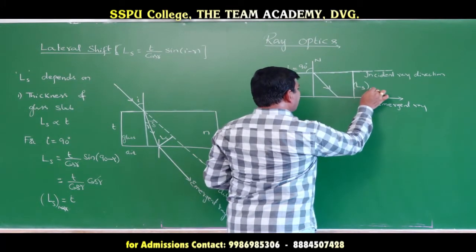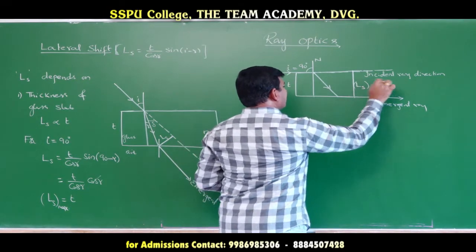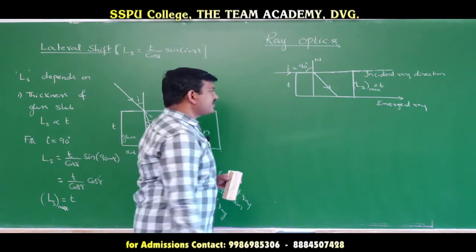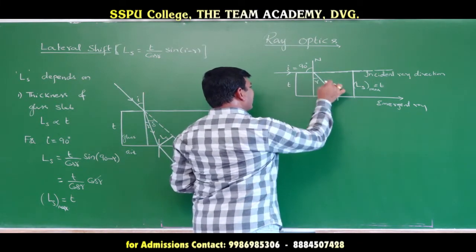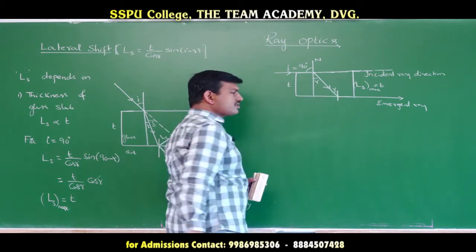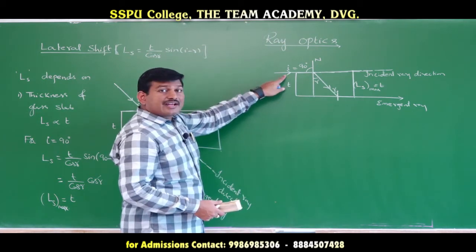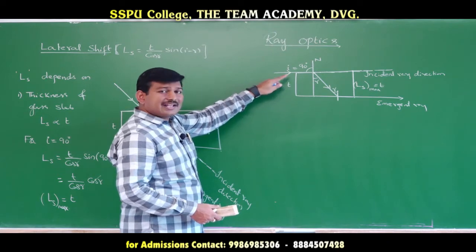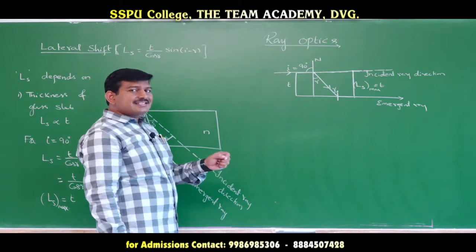So this is called LS maximum, which is equal to the thickness of the glass slab. This is the angle of refraction here, and this is also the angle of refraction here. This is called grazing incidence. When the light ray is incident along the interface, it is said to be grazing incidence.